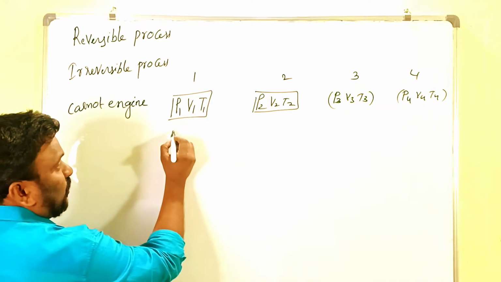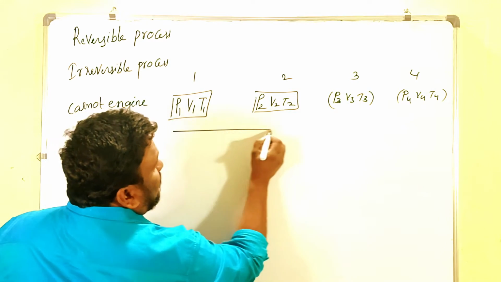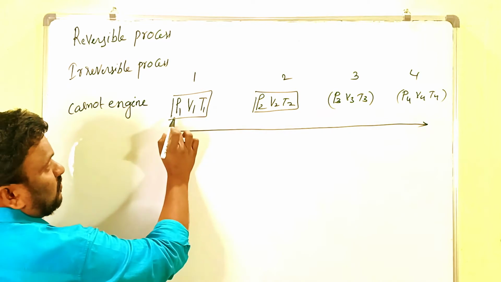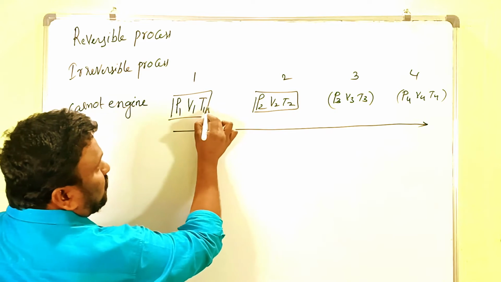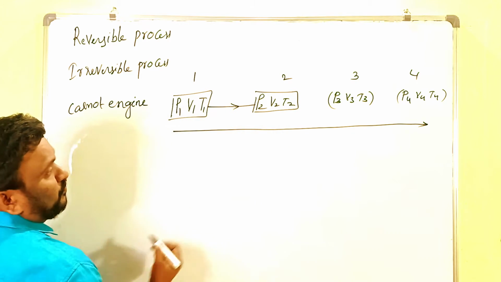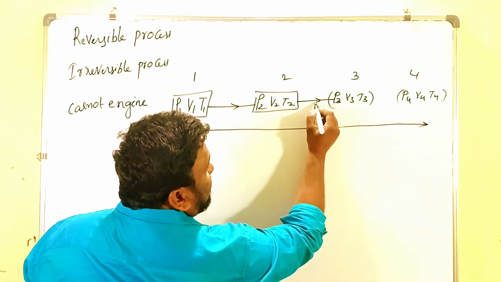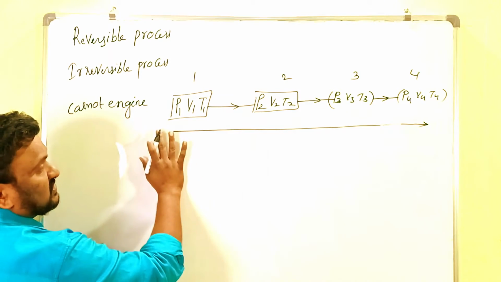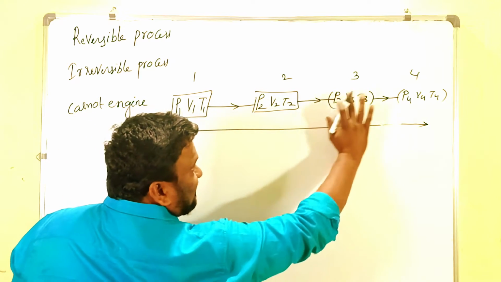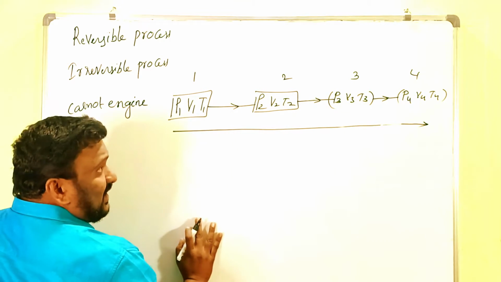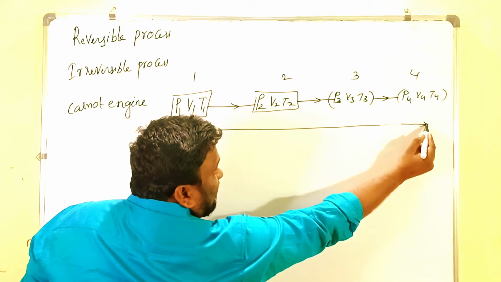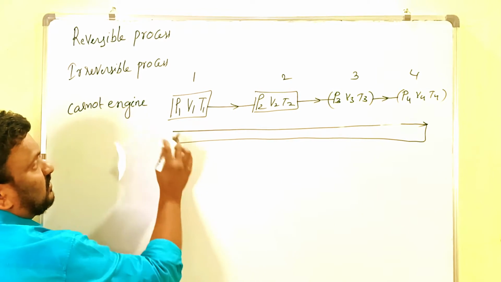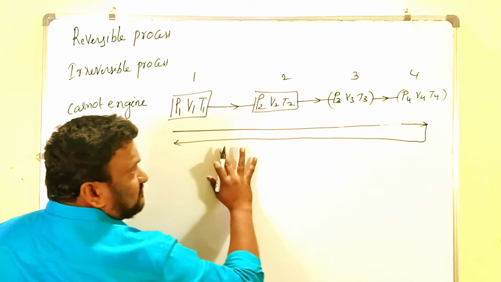The process goes from stage 1 to stage 4 like this, passing from P1, V1, T1 to P2, V2, T2, then P3, V3, T3, and the next one is P4, V4, T4. The process goes through these steps. Again after that, it should come back to the same P1, V1, T1 through the same stages.